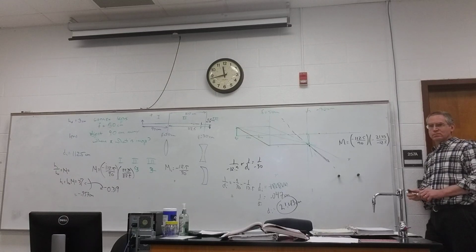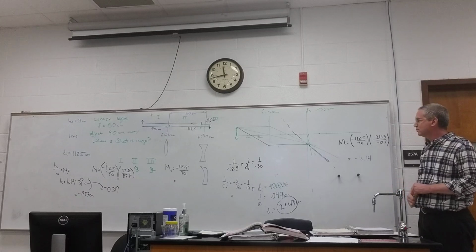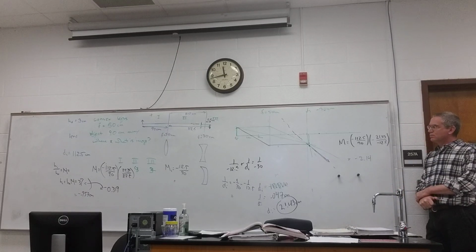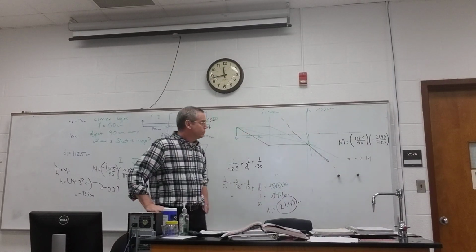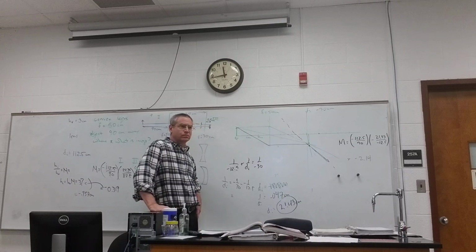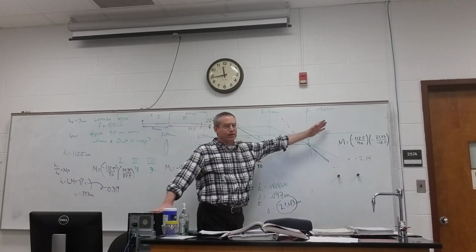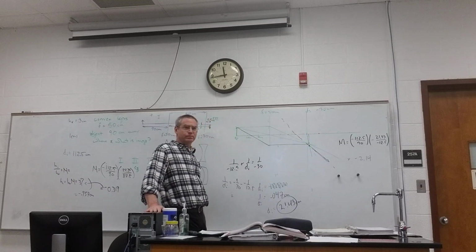Negative 2.14. And the final image is real, as it so happens, because the final image is on the right side of everything, which is what you would expect for light going through a lens.